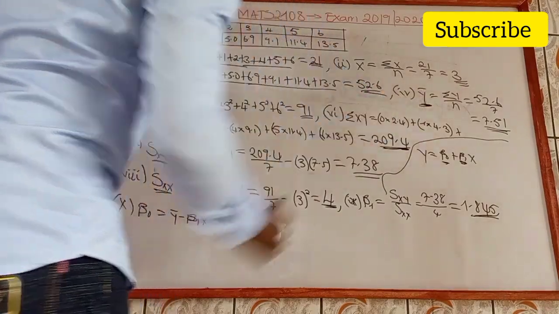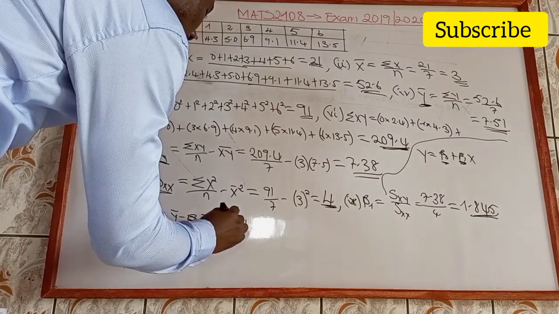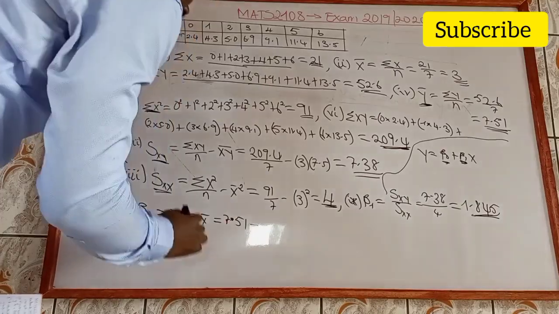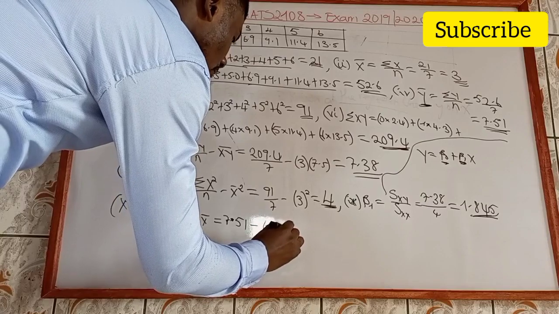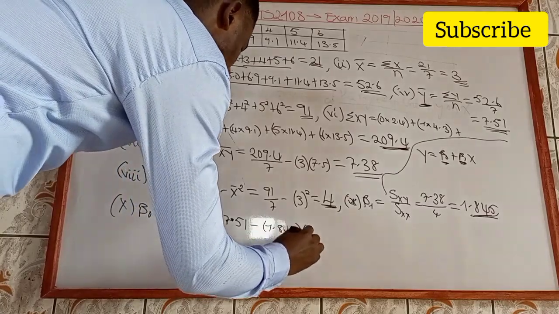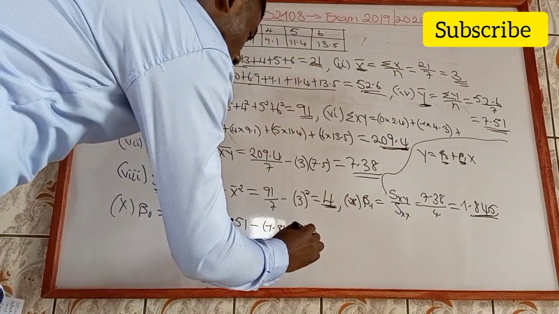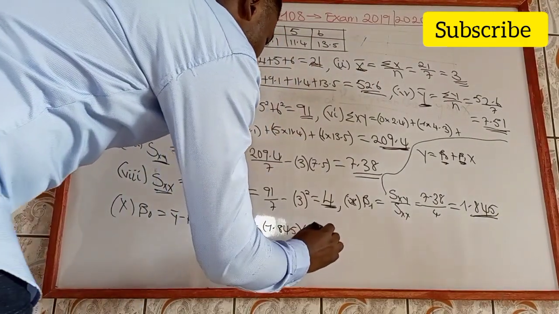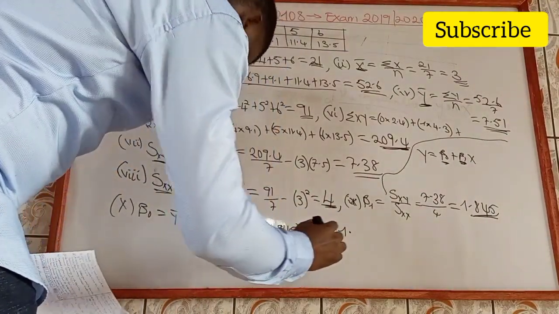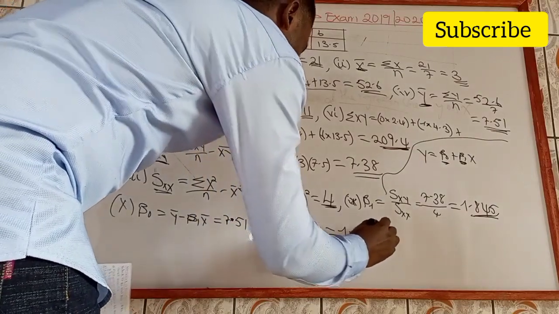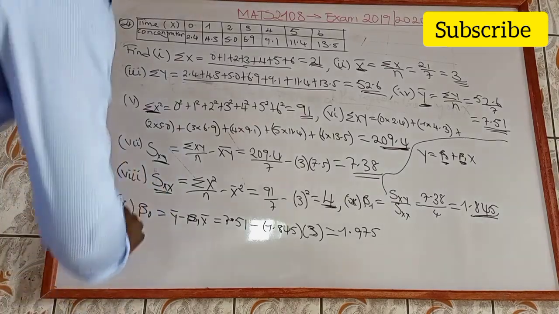This is it, which is 7.51. Then minus b1, which we just calculated as 1.845, times x bar. Our x bar was 3. Simplifying this gives us 1.975.